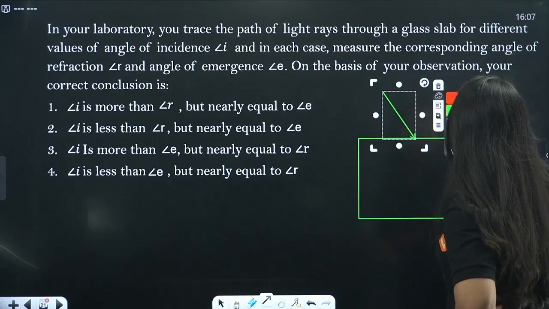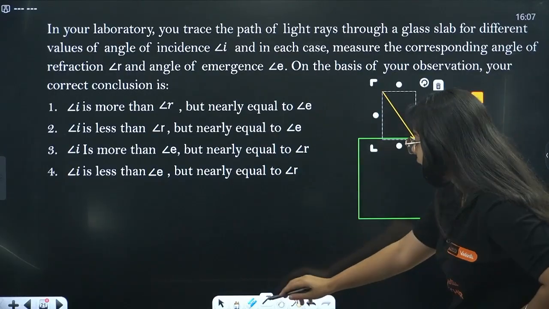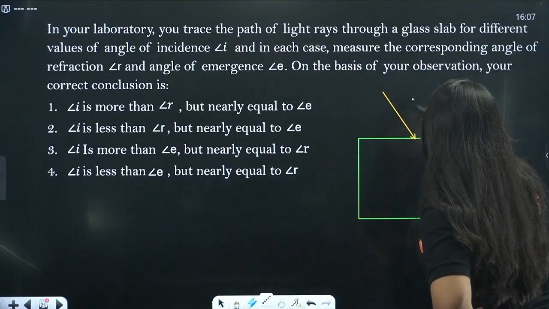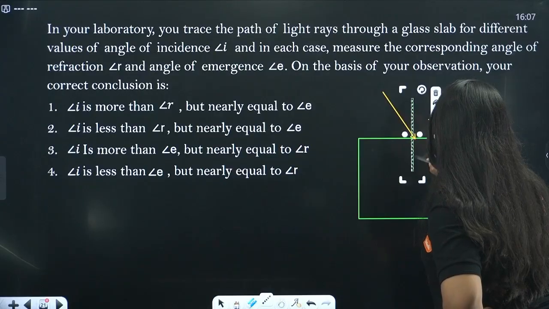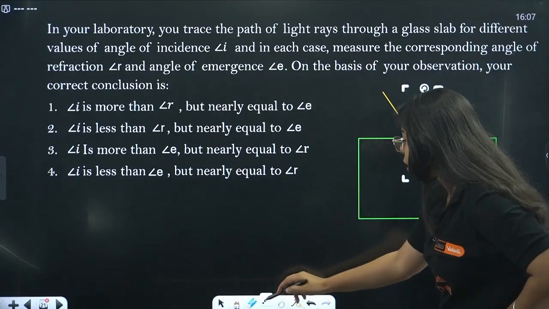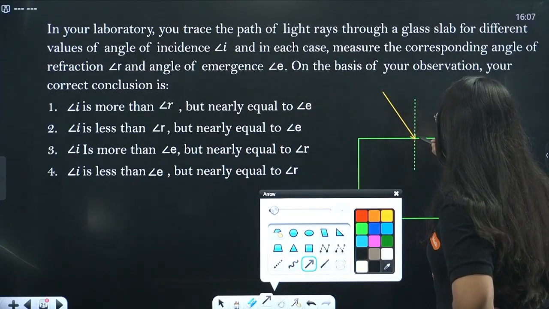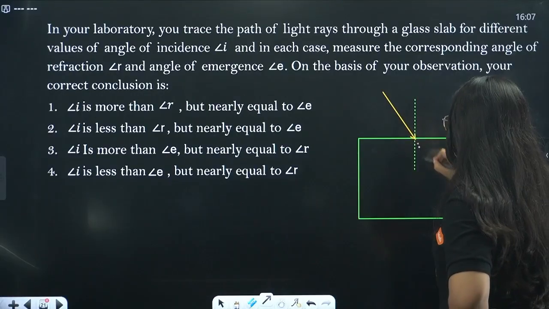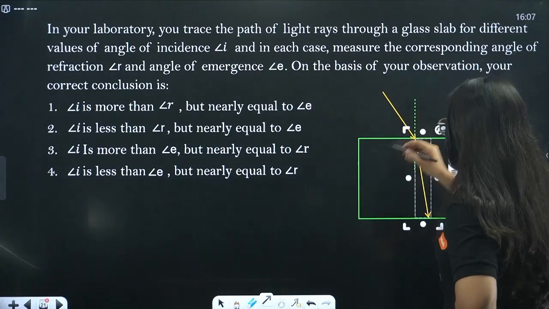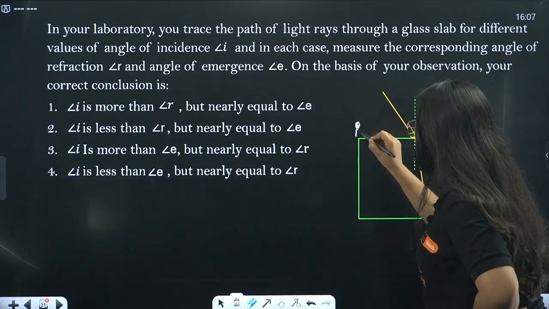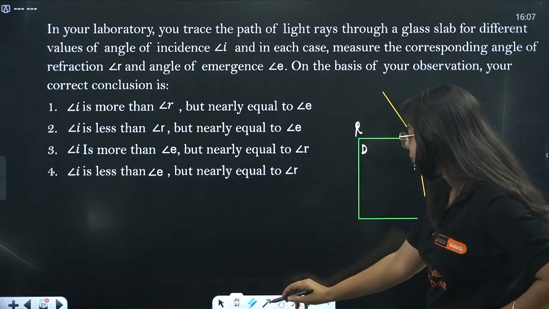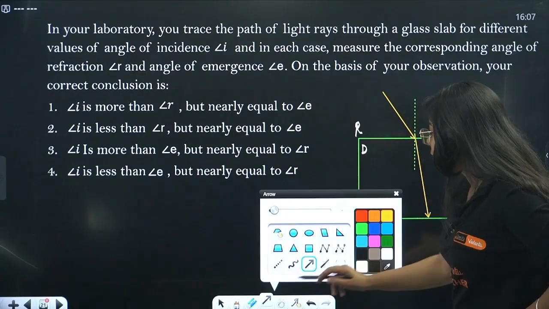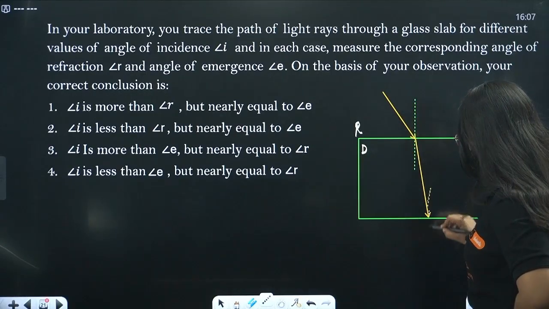This will be your first incident ray. Then, beta, at this point you will make a normal. This ray should have gone straight, but it bends towards the normal because this is your rarer medium and this is your denser medium. Now again you will make a different normal at this point.